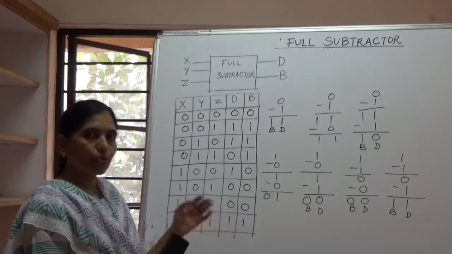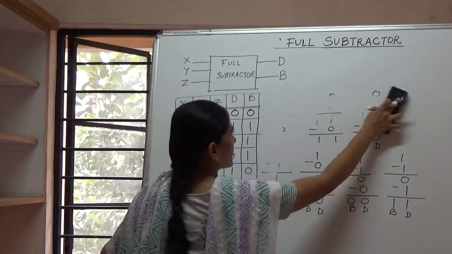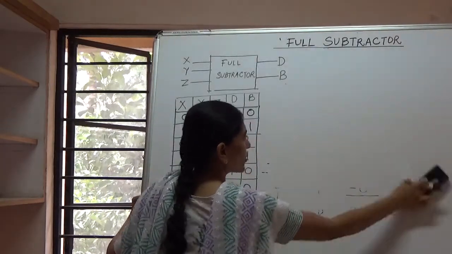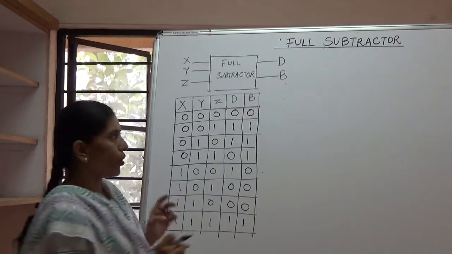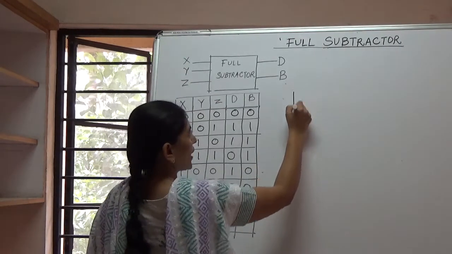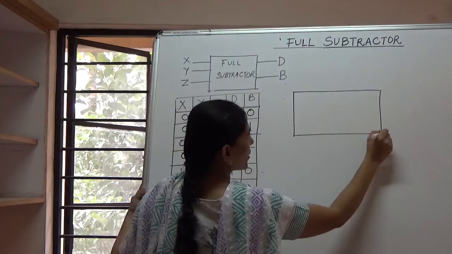Having obtained the truth table, now let us derive the expressions for the D output as well as the B output. So we now draw a K-map for 3 input variables. Let's draw the K-map first for the difference output.